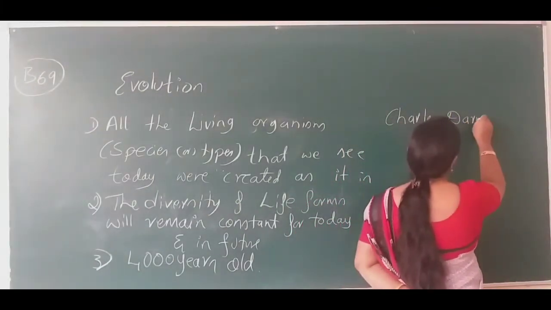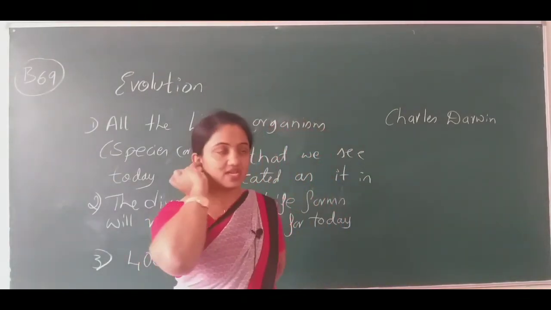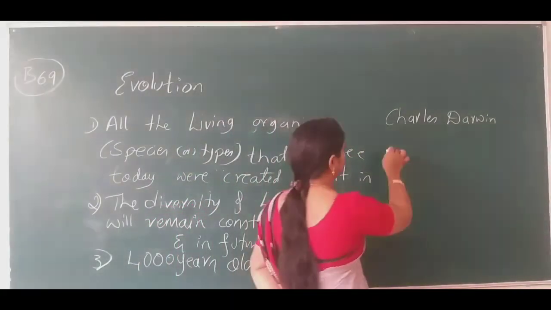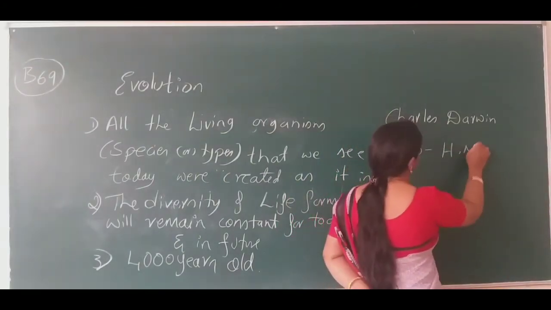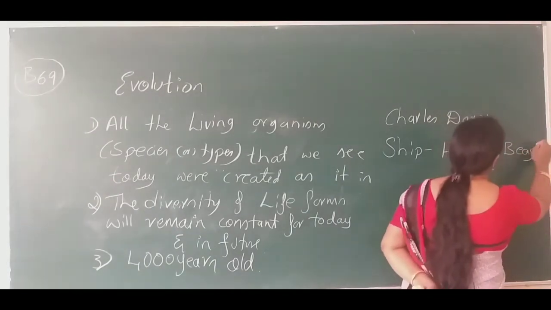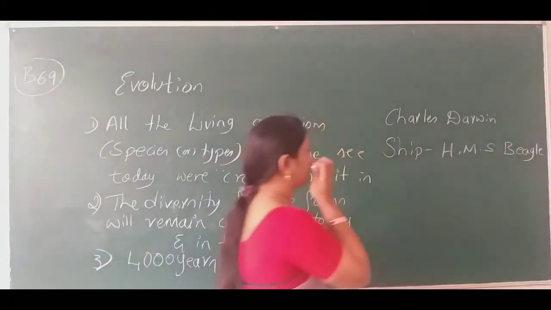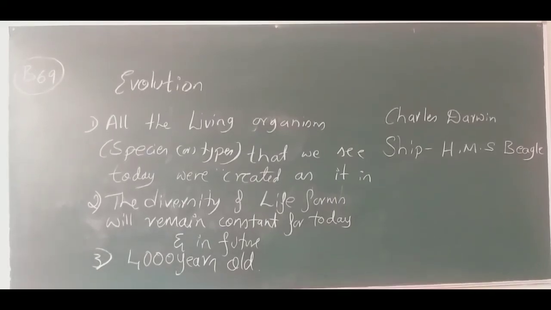Here I am writing the scientist's name, Charles Darwin. What he did? He started his journey in the ship known as HMS Beagle. HMS Beagle is just the name of the ship.